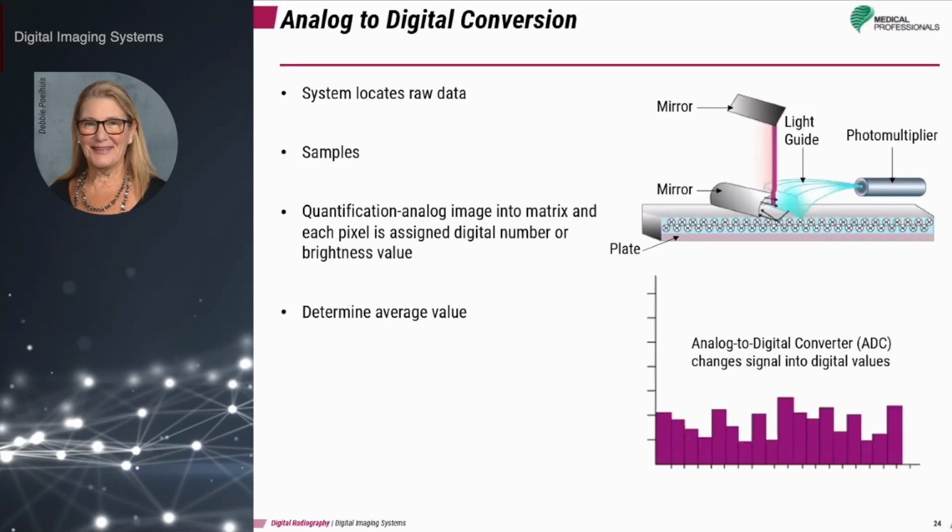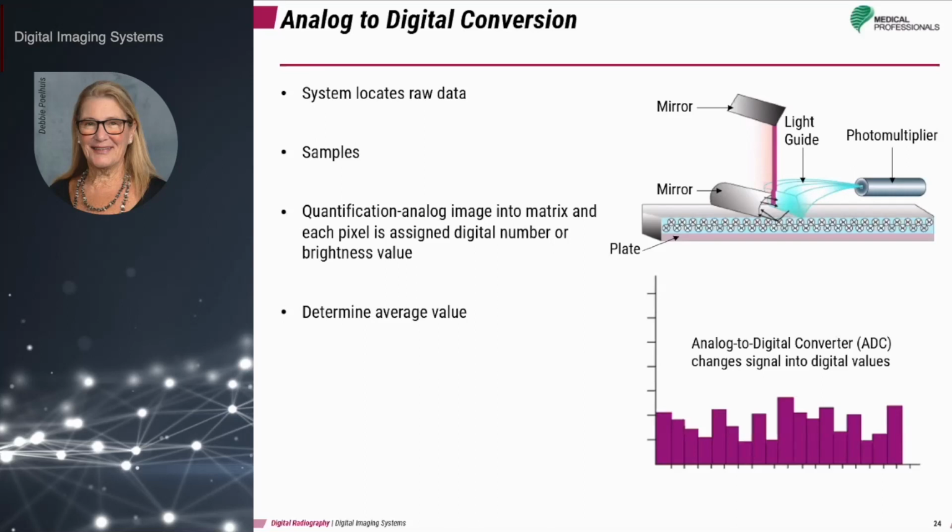So, analog to digital conversion. Quantification or digitization refers to the process of converting the analog, which is electric, signal to image into numerical data. During this process, a numerical value is assigned to each light photon.